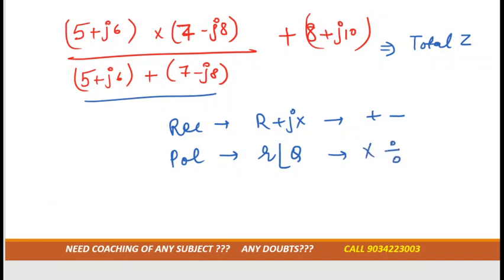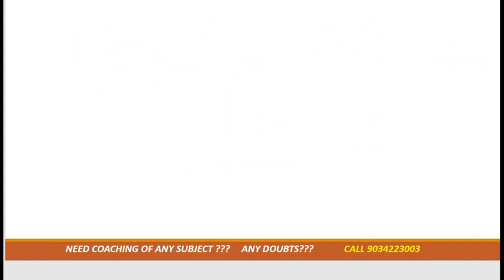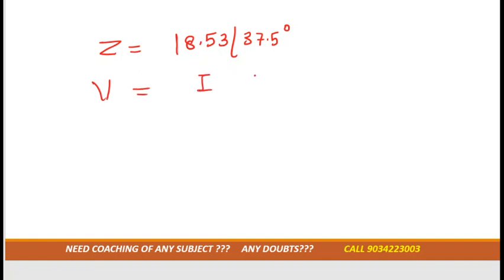After calculation of total impedance, I'm not calculating again, you will get the value 18.53, angle 37.5 degree. Fine. Now we got total current also, we got total impedance also. Then after putting all the values, we'll get the voltage also.